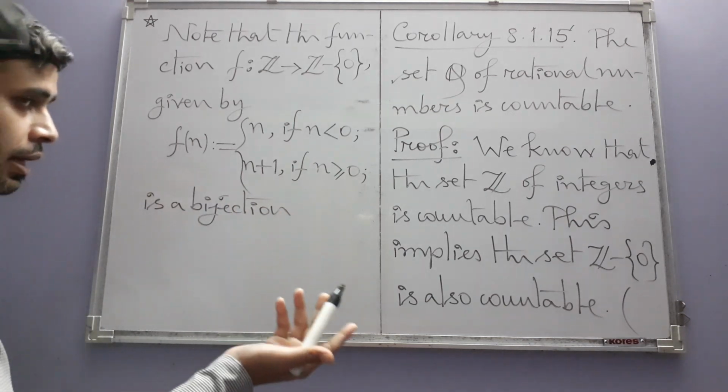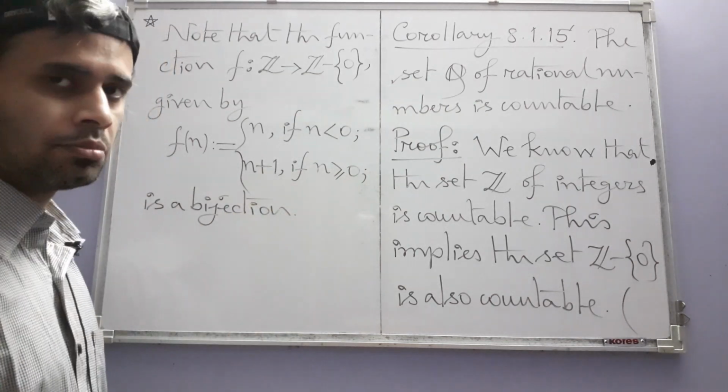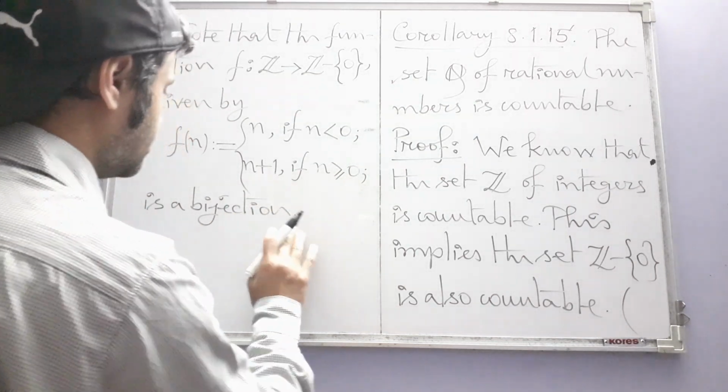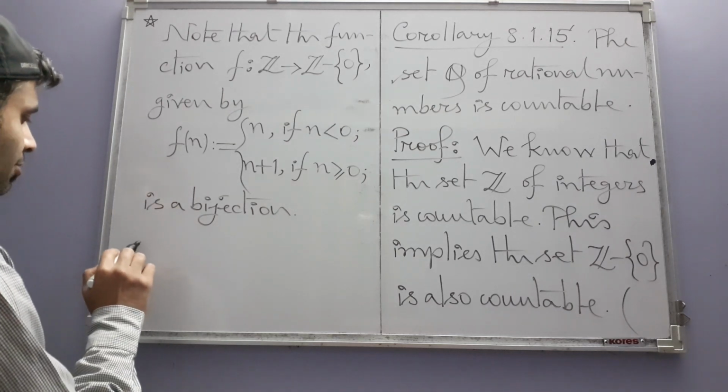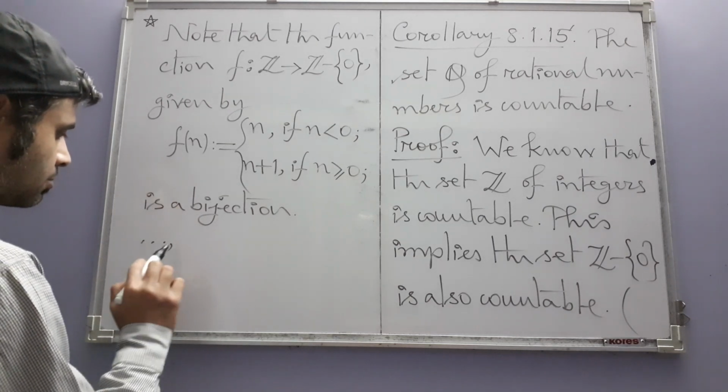But this is only a claim, okay? You need to prove that this is a bijection rigorously actually. But if you just draw a little diagram for this whole thing, then it will become clear why.